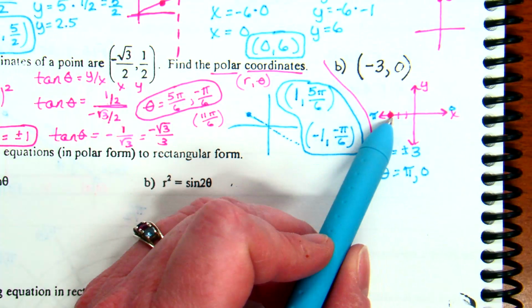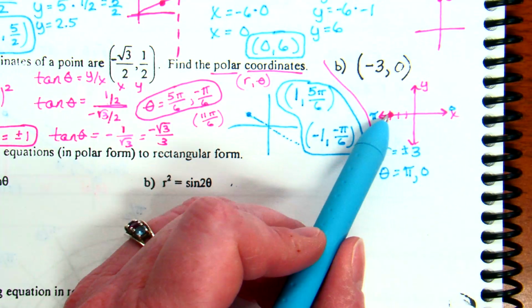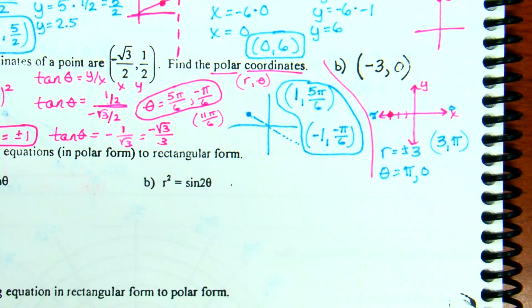That is a positive 3, because where would -3 take us? Back through the pole. But if our angle is pi and we're at 3 here, then we're going to use 3, pi. I know the tendency is to say -3 because on the x-axis that is a -3, isn't it? But in terms of polar coordinates, that's 3 out, 3 circles out.